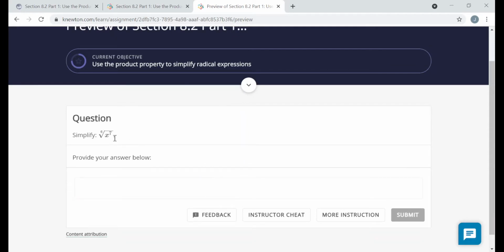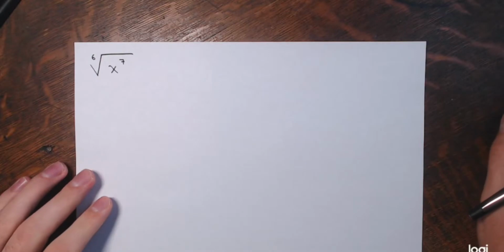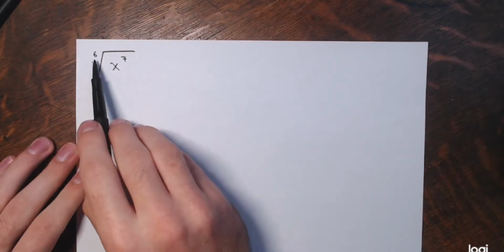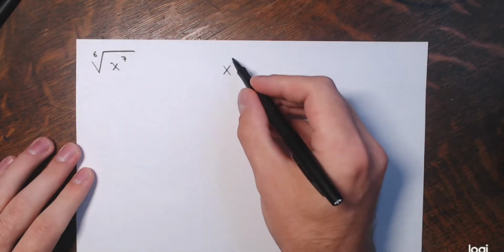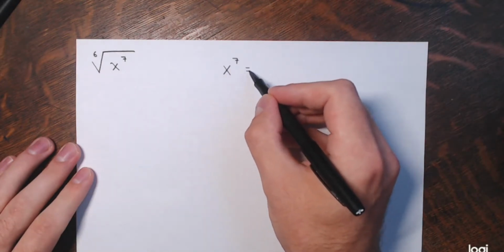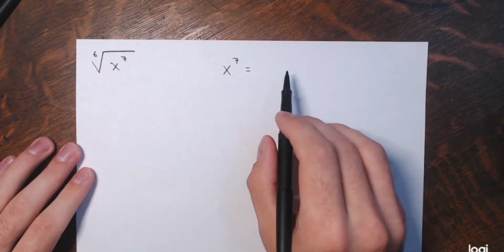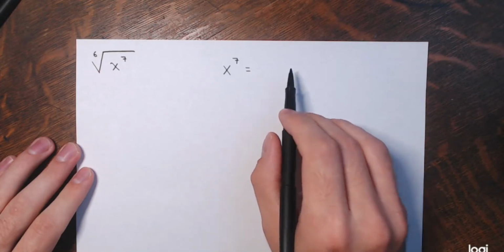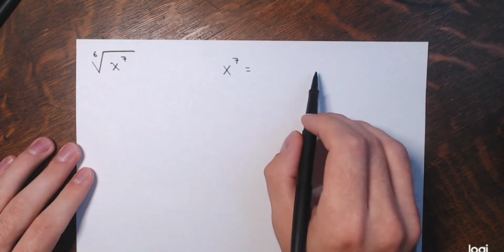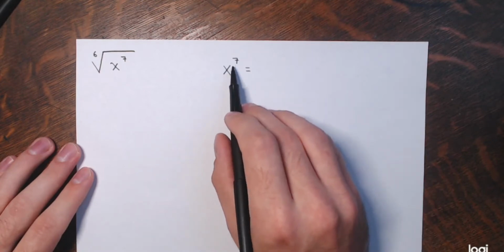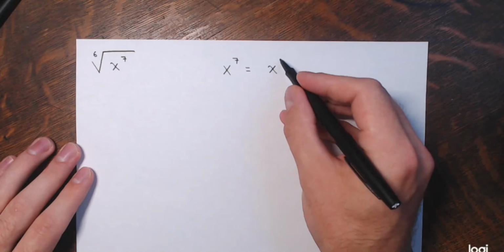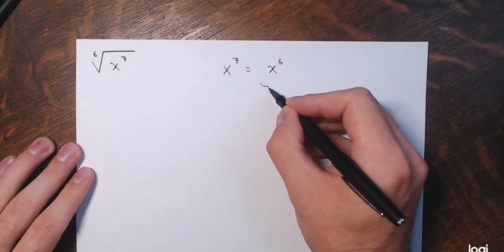All right. So once again, write this down. We'll work on it. So this is a sixth root. I'm going to take the radicand and I want to write it as a product of sixth powers and non-sixth powers. So the way I would do that is x to the seventh is x to the sixth, that's a perfect sixth power.